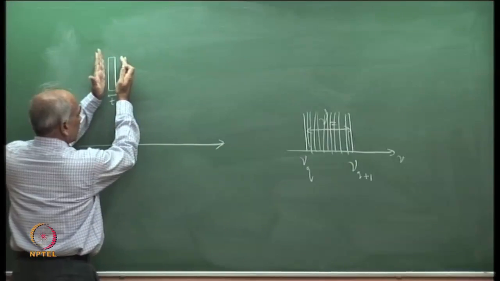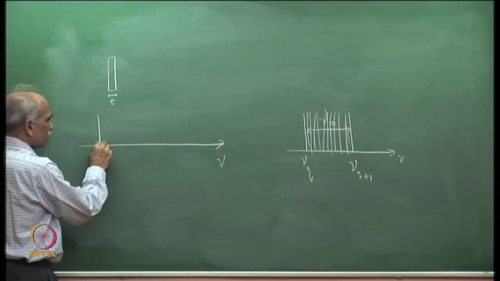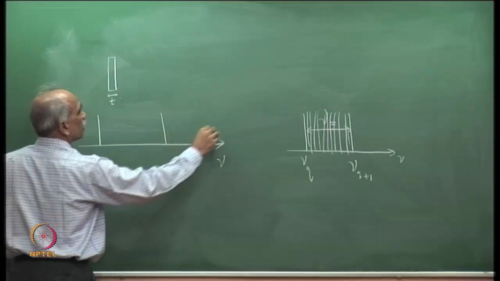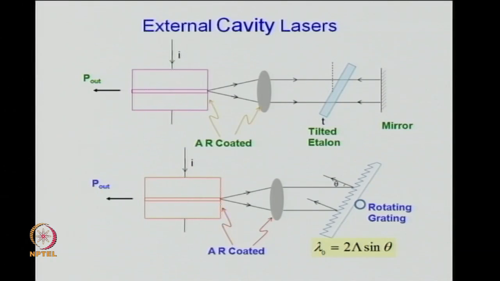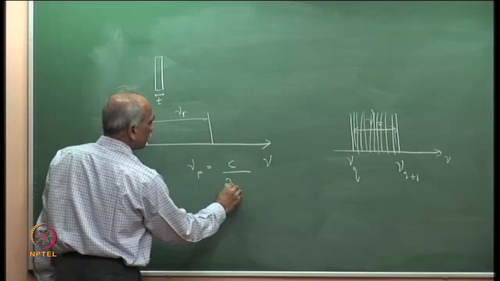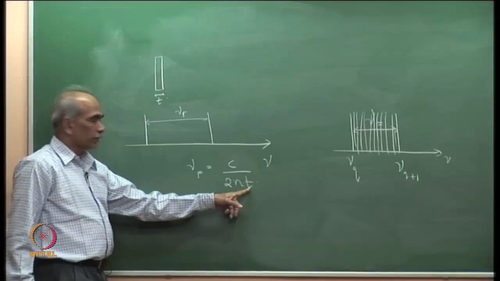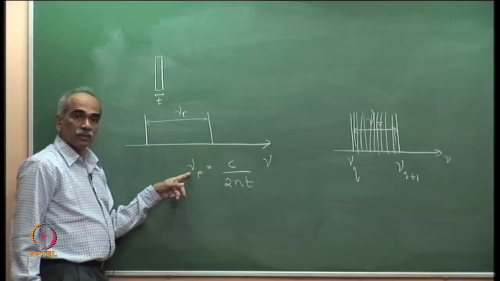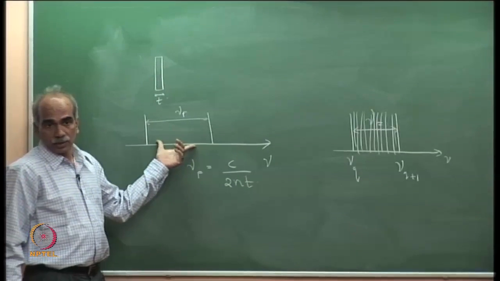It is a resonator with small t, which means it has a very large frequency separation. nu f is very large. Why is nu f very large? Because nu f is equal to c divided by 2 n t. Small t, and therefore nu f is large. So, you have a small cavity, therefore nu f is very large.